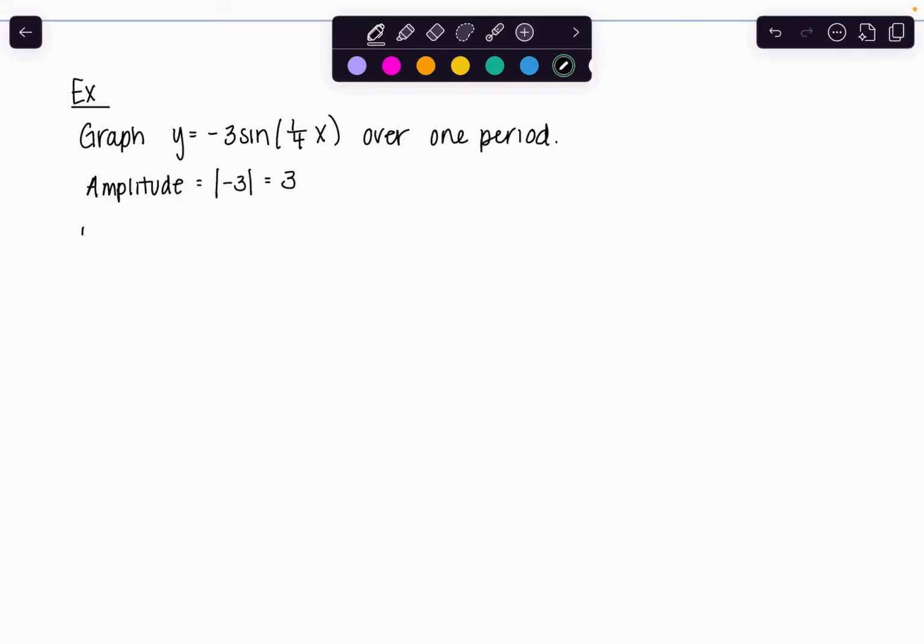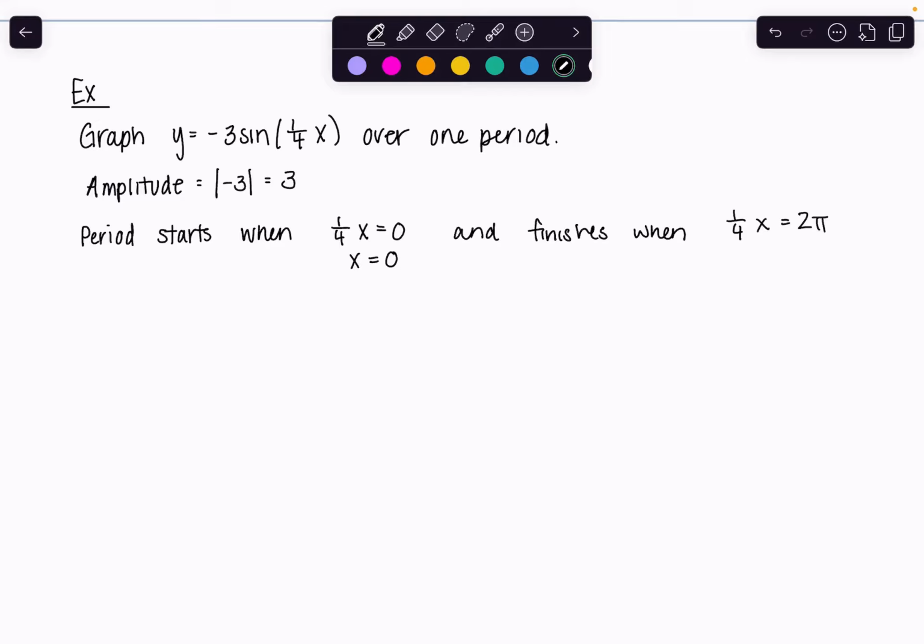So our period in this case is going to start when the inside equals 0. And it finishes when the inside equals 2 pi. So solving for x, you multiply by 4.